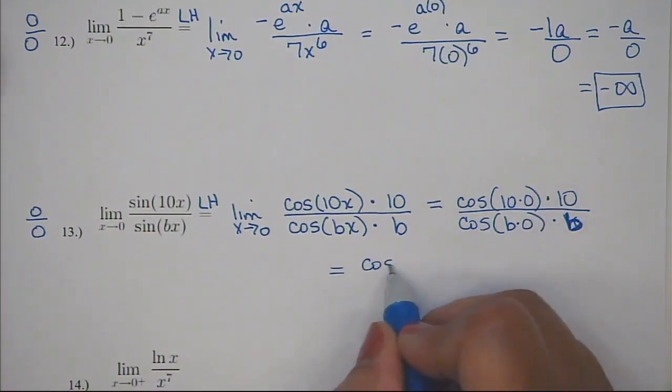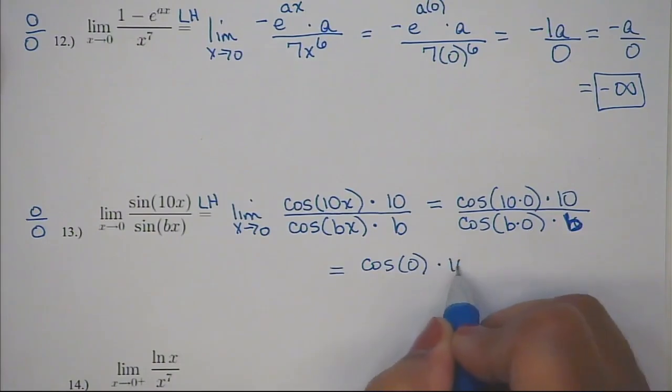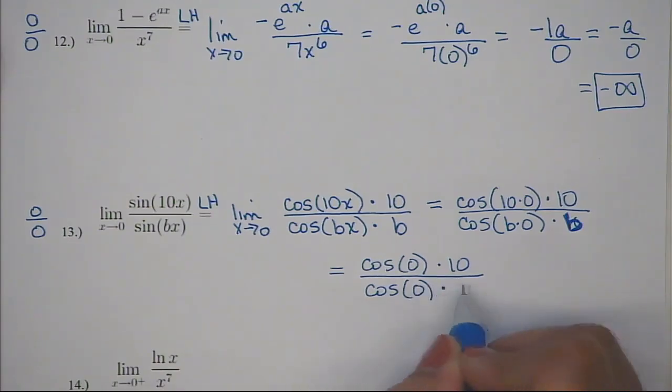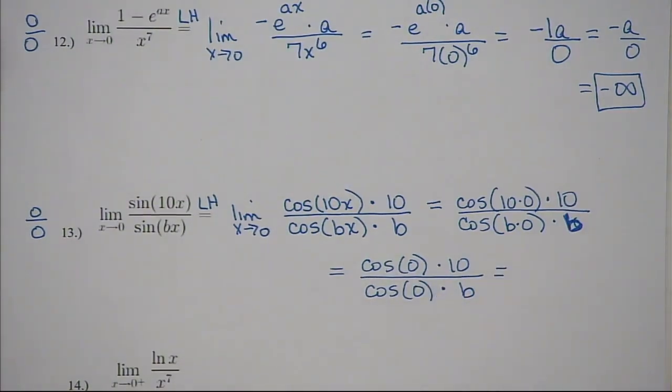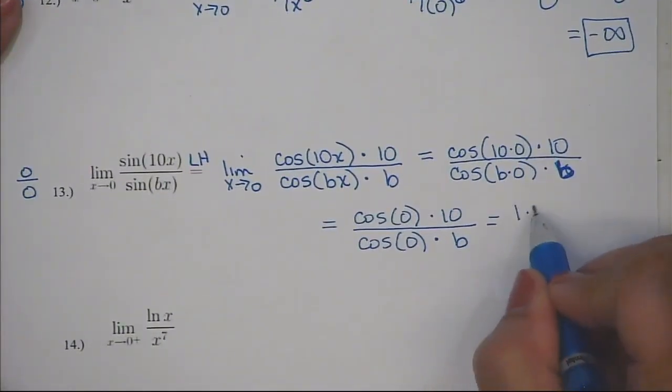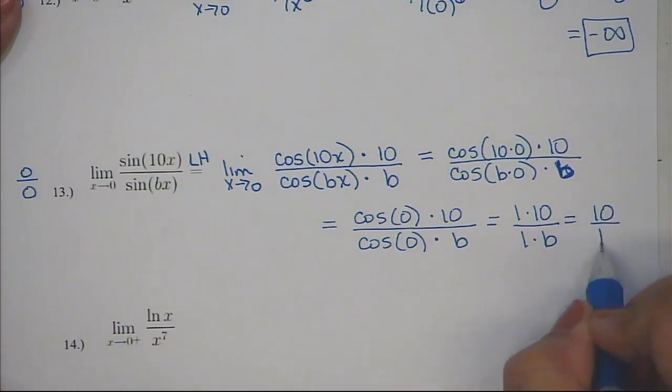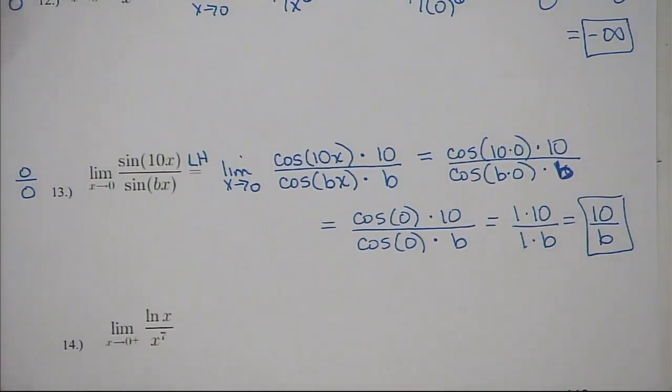So we'll have the cosine of 0 times 10 in the top, and the cosine of 0 times b in the bottom. And the cosines of 0 are 1. So we get 1 times 10 over 1 times b. So that is 10 over b. So again, I had b in my problem, it's going to be in my answer. Strange looking, but that's what it is. Okay?